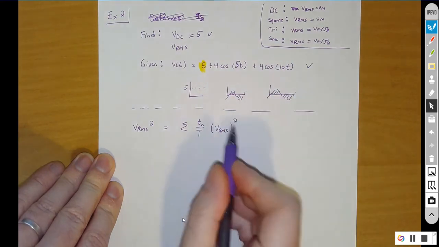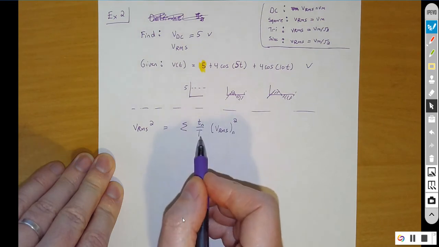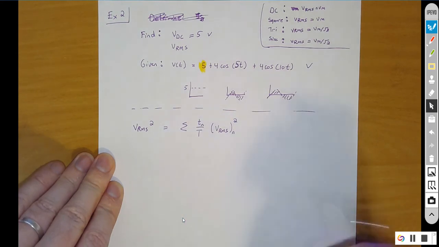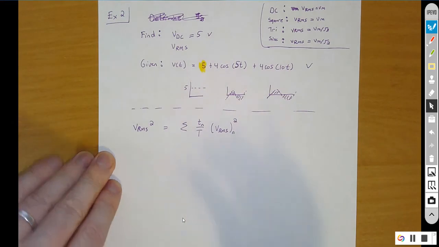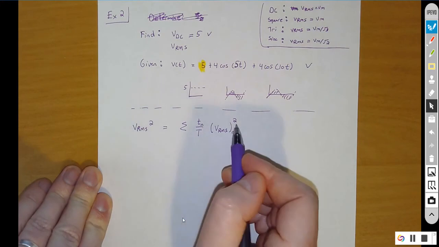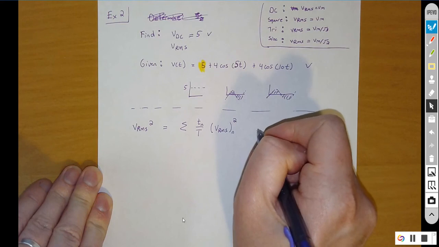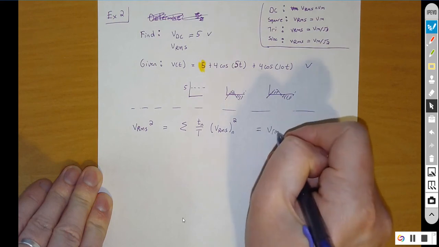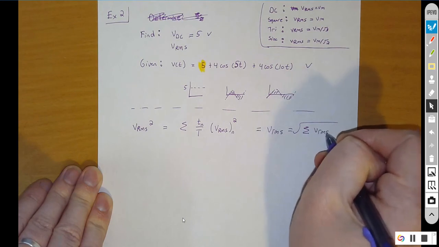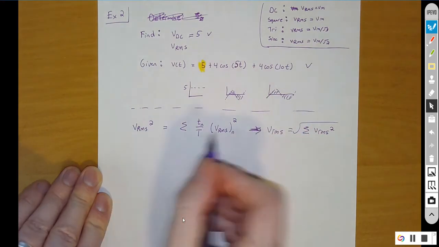So basically take all your signals, square them, and multiply them by how much of the cycle they take up. If they take up the entire cycle, it'll just be capital T over capital T, but if they're half of the time, then it'll be 1 over 2 or something like that. And then you're actually going to square root this side, but it looks cleaner if you put the square on this side. You could write it a different way if you really wanted to, but I prefer this one.